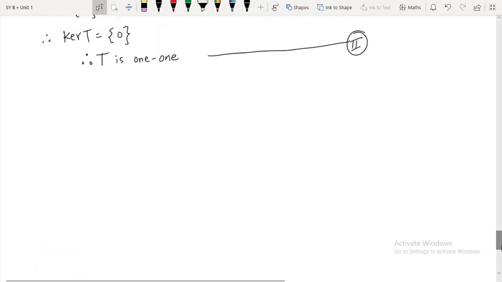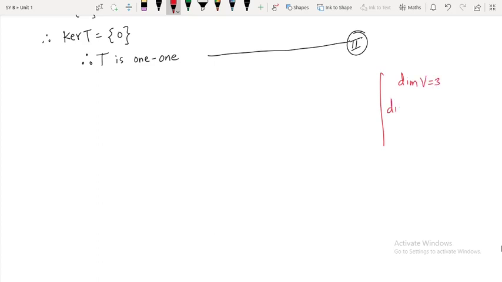So चला रफ मध्ये आपण चेक करूया whether it is onto or not. Okay, so on this side I will write, our V is P2 of R, so dimension of V is actually 3. By rank nullity theorem, dimension of V is equal to rank of T plus nullity of T. Now dimension of V is 3, which is equal to rank of T, which we have to find, plus nullity is 0. Therefore rank of T is 3.